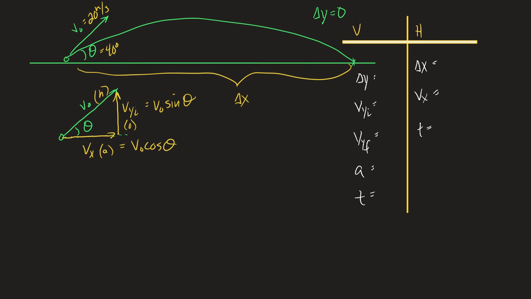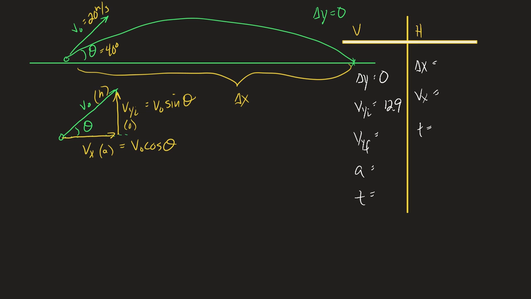The object lands at the same height it was launched. That means delta y is 0. It's launched upwards, but we don't know the exact velocity. We know it's 20 meters per second times the sine of 40 degrees. So 20 times sine 40 gives me 12.9.